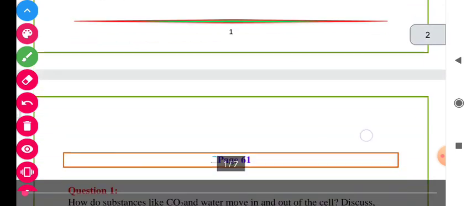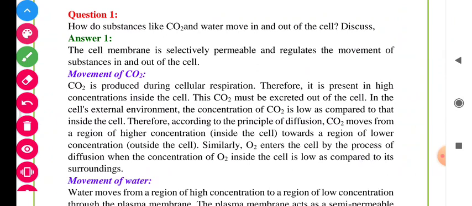Moving towards another question. Question number 1. How do substances like CO2 and water move in and out of the cell? Discuss. So first of all, I already told you in our previous lectures that the exchange of gaseous substances and liquid substances happens through two processes. Which are they?